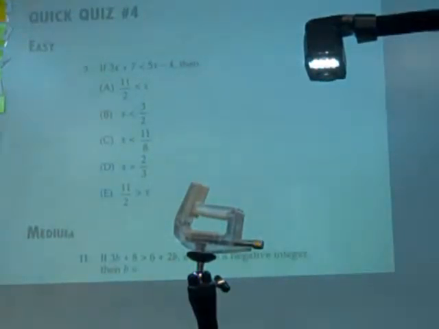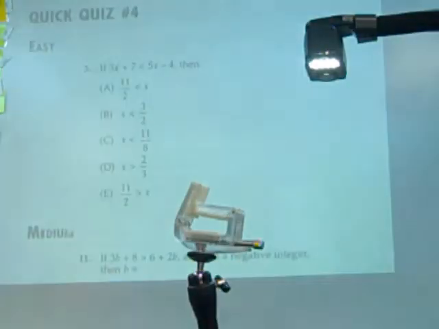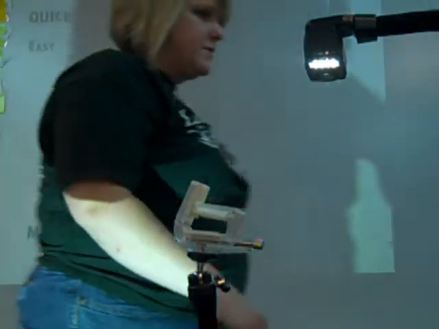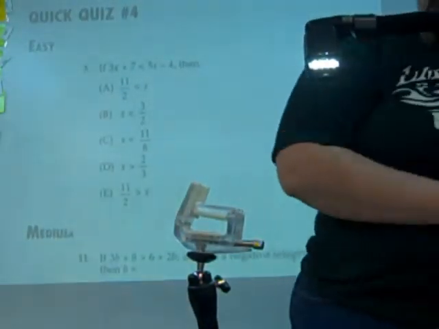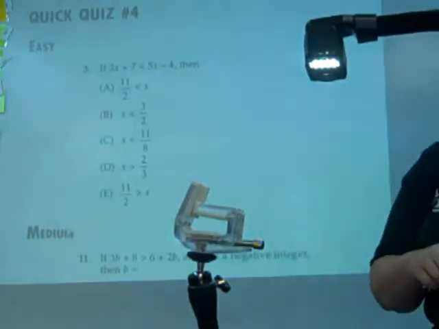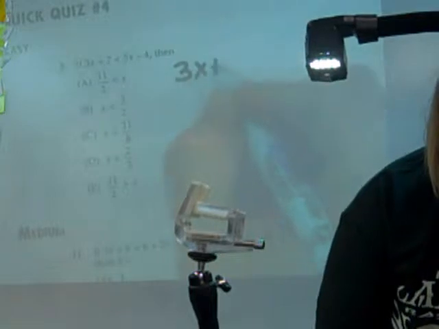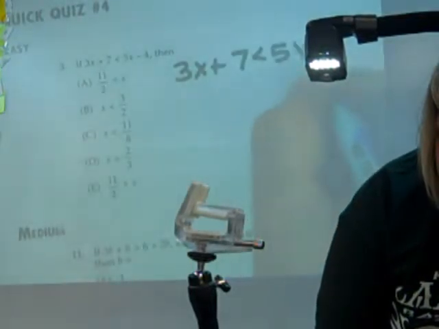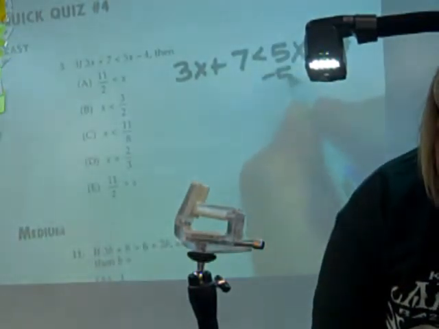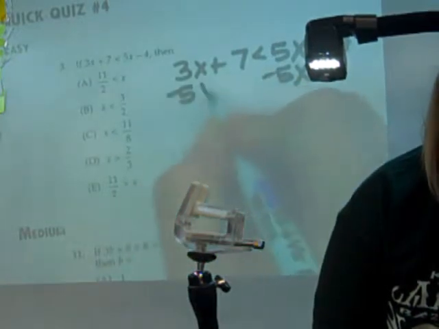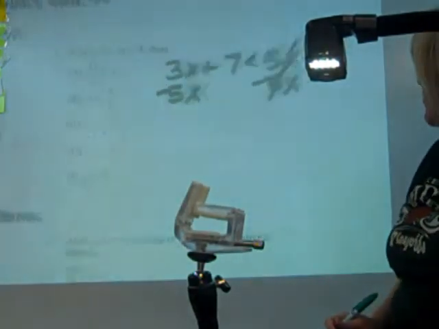So. Okay. So let's look at the first one. Okay, so if you tried to get your x's together on one side of the inequality, typically you move to the left. You don't have to. You can move the smaller one to the bigger one.